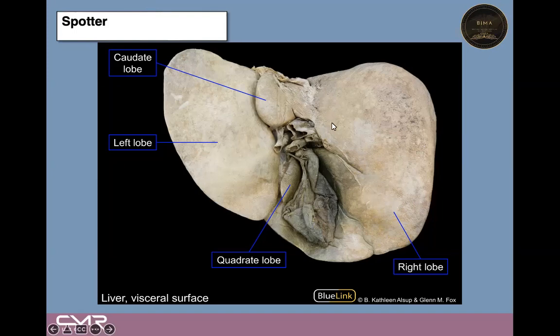This is the right sagittal fissure, and then this is your left sagittal fissure. This is the left lobe, and obviously this is the right lobe. The fissures on the visceral surface form a very H-type pattern here.